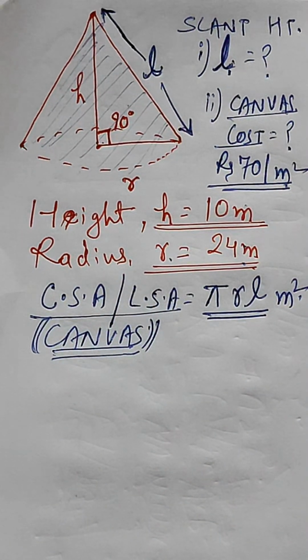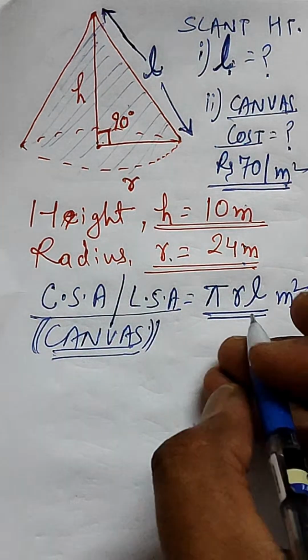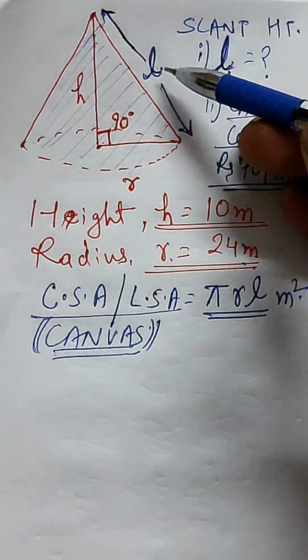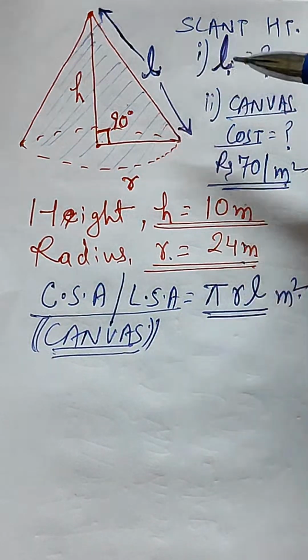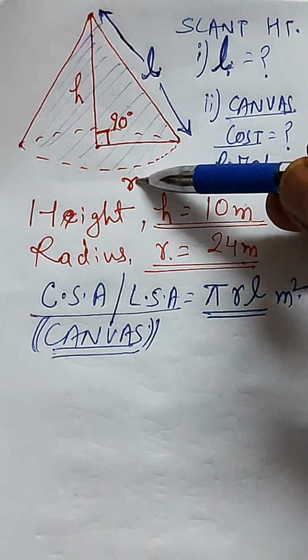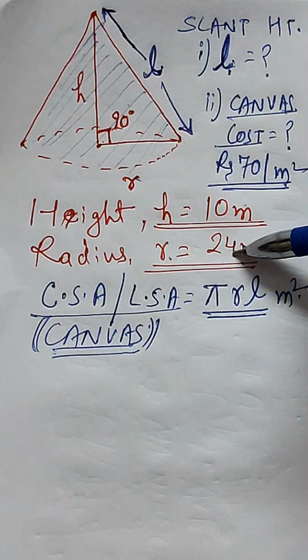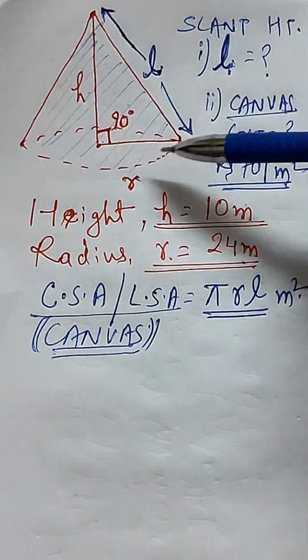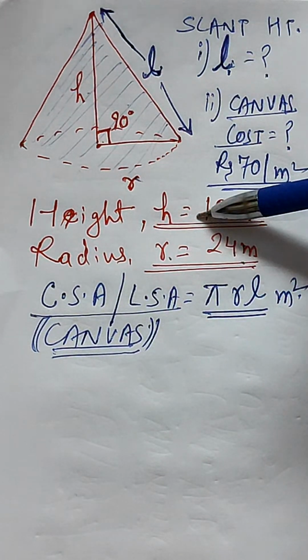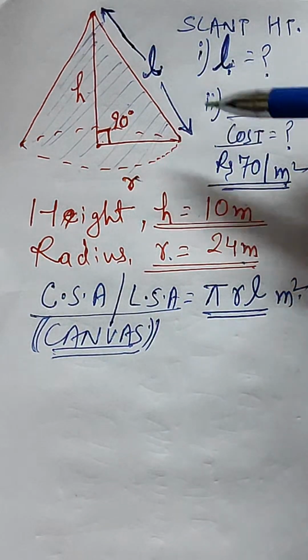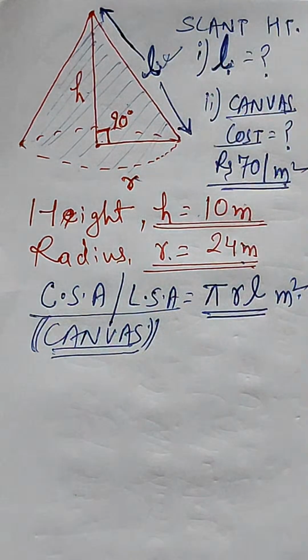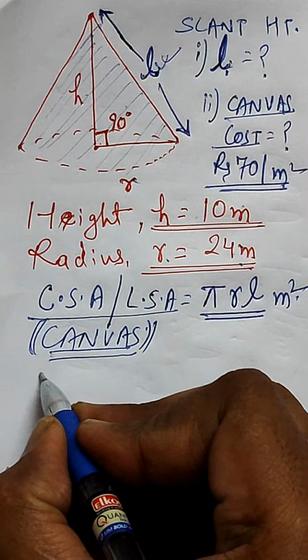So first of all we need to calculate this L. Students, it's very easy. The radius of the base is given to you, the height of this cone is given to you, and it's a right circular cone. Then L can be calculated very easily by applying the Pythagoras theorem.